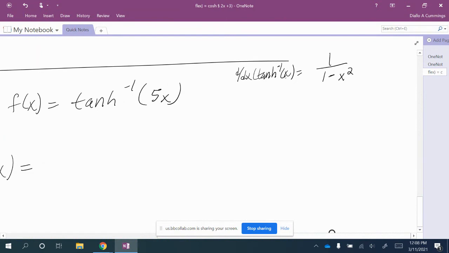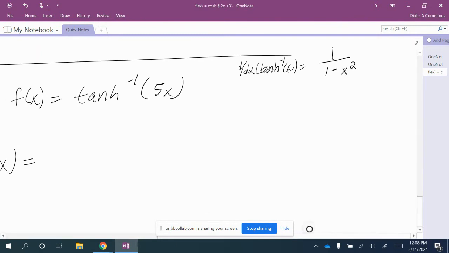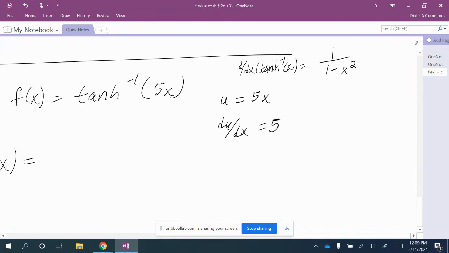I'm going to let u equal to 5x. So u is equal to 5x, so du dx is equal to 5.